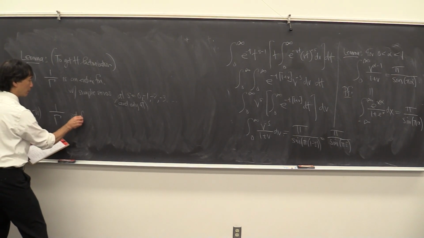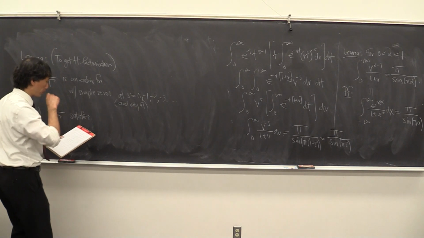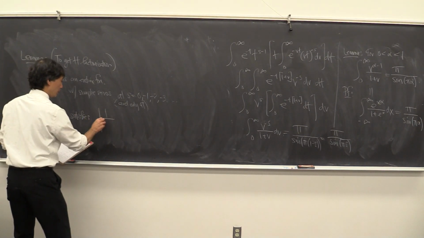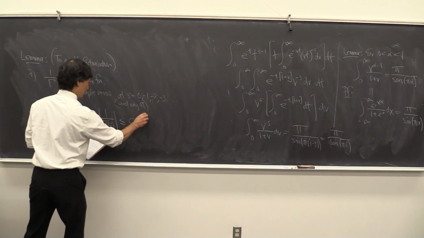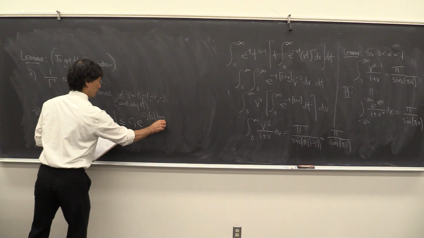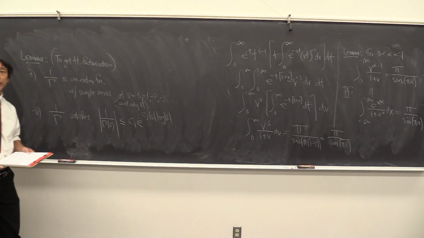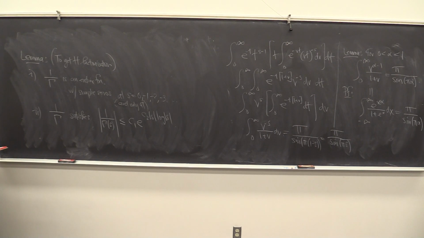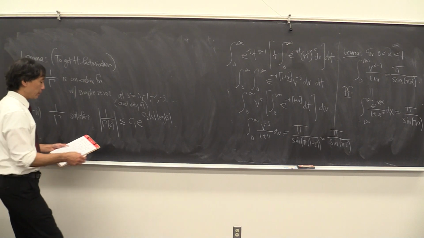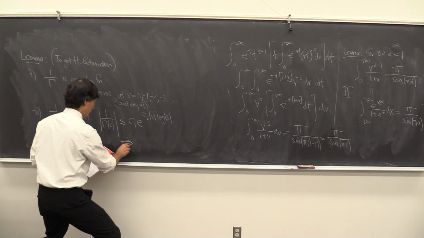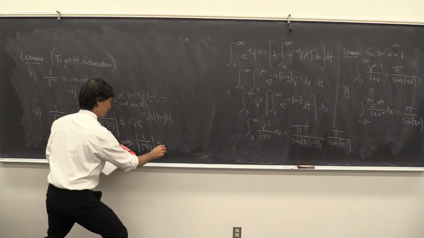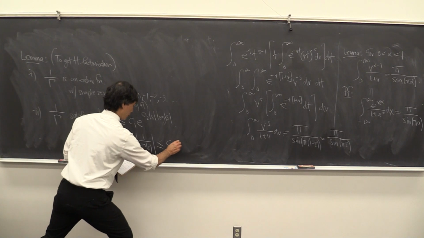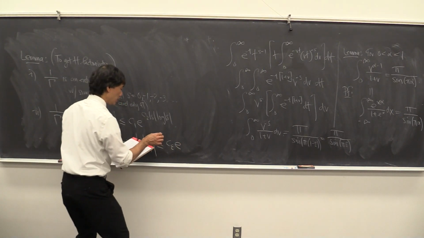And then the second part is that 1 over gamma satisfies this sort of growth bound, and thus 1 over gamma's rate of growth is less than or equal to 1.